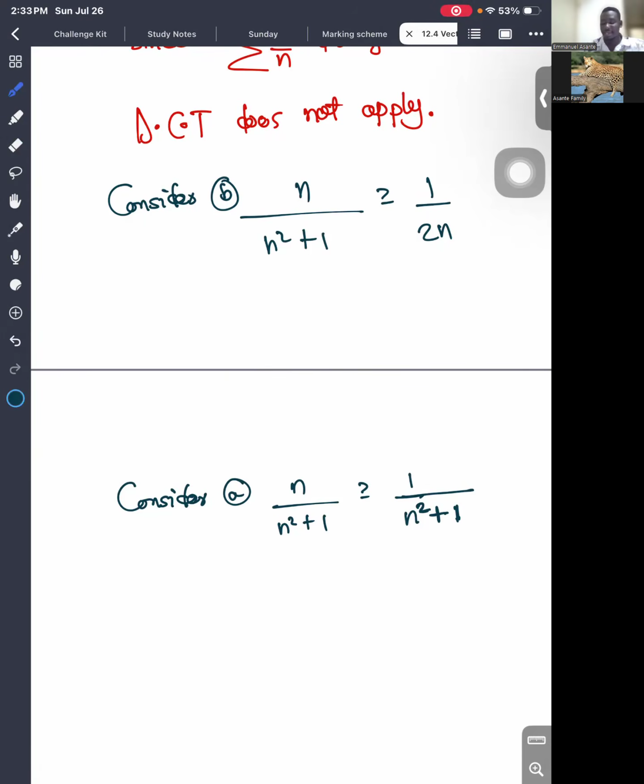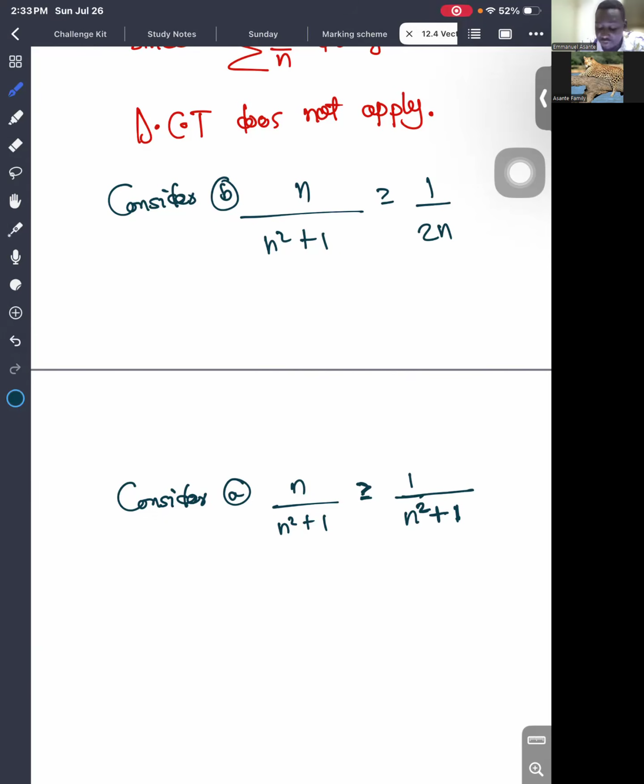So if we consider A, you have n over n squared plus 1 greater than or equal to 1 over n squared plus 1.